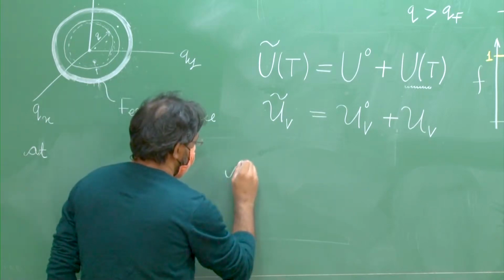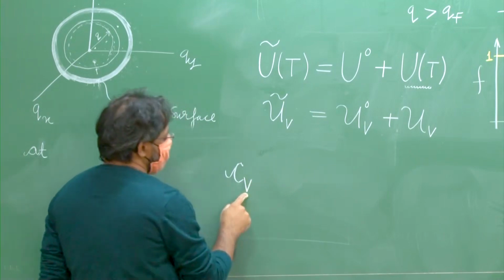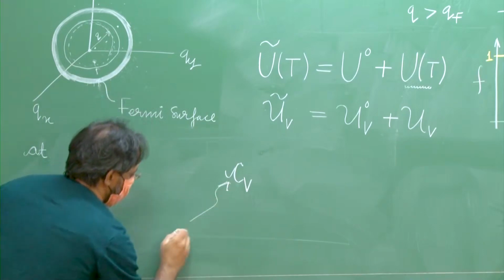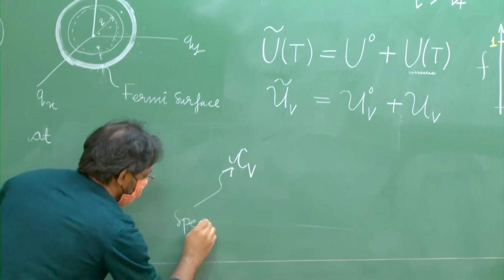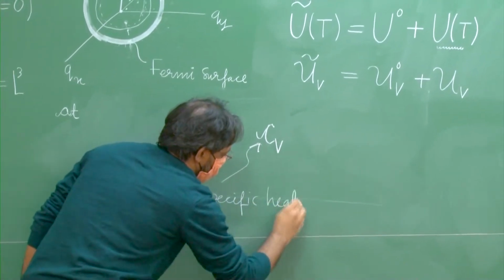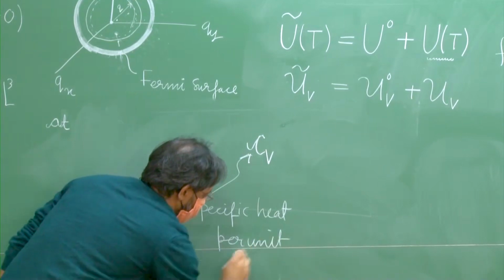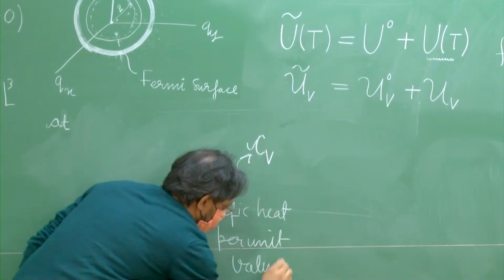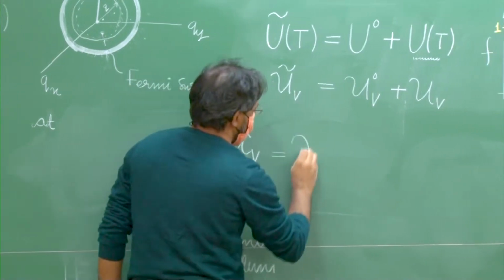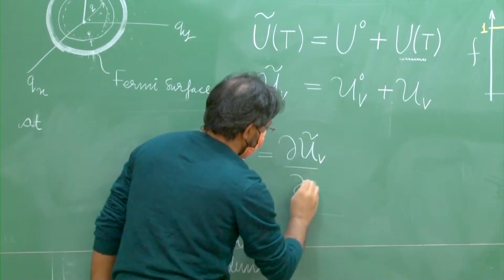Therefore, CV is for constant volume, but here it is not molar, it is the specific heat per unit volume, and this will be simply the derivative of this, del u tilde V by del T.